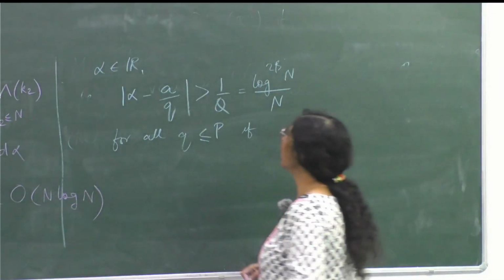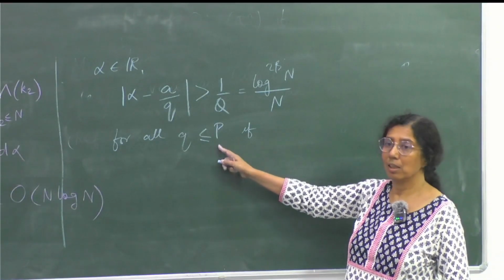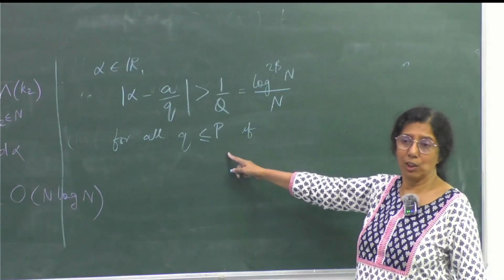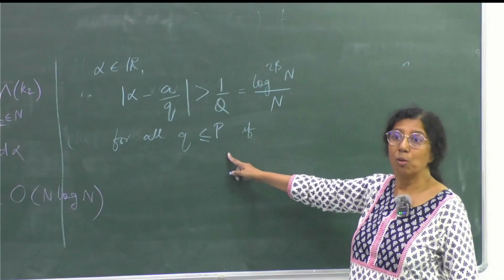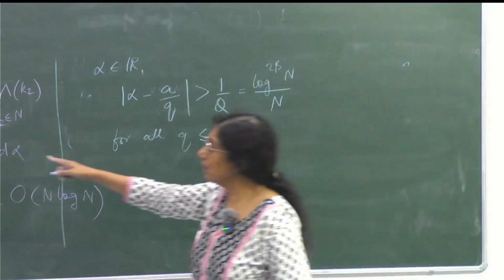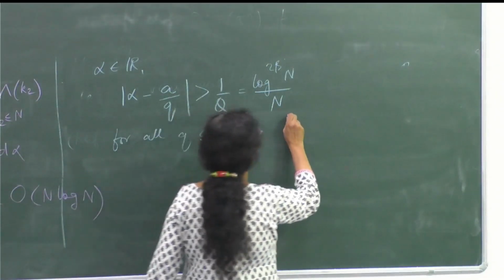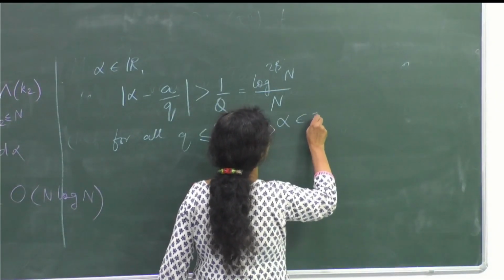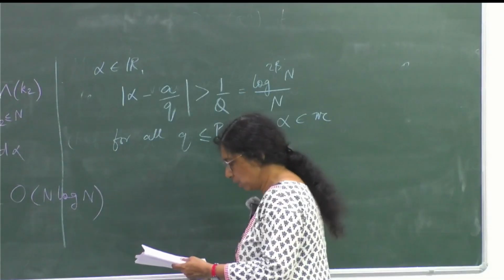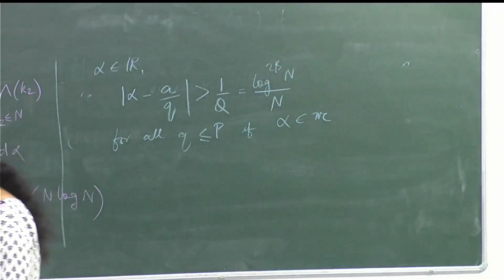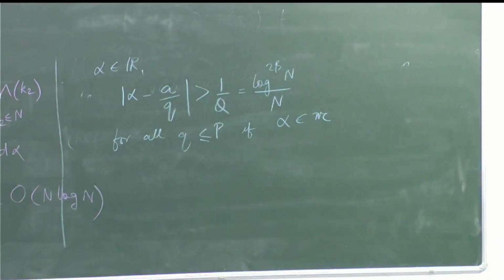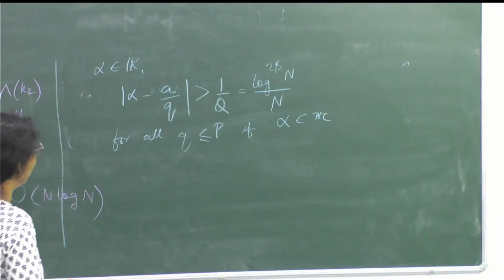Which definition? Definition of what? Alpha. Where is alpha? Alpha is here. Alpha is not in the major arc. Alpha is in the minor. Therefore, q is less than or equal to p if alpha belongs to n. And here is the part which comes apart now, which I will not do in detail.